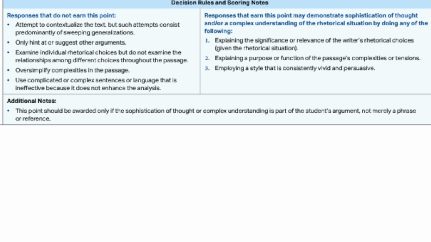And then the additional notes. It has to be throughout the essay, not just once. So if you're tying the rhetorical mode back to the relationship, but you only do it in one of your body paragraphs, you're not going to be able to get a sophistication point. And that's it. That's the rubric for rhetorical analysis.